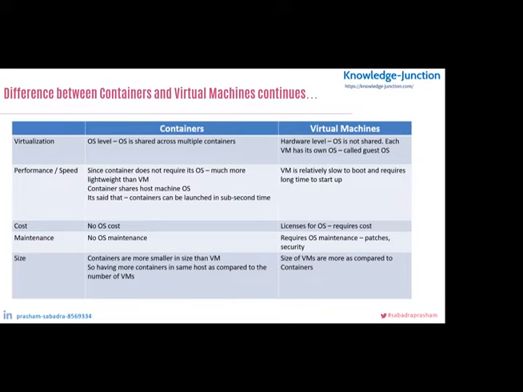Sometimes we need to go for virtual machines as well, but it varies from application to application. So the first step is to identify which platform my application fits into: whether a physical server or virtual machine is okay for me, or I need to migrate this application to containerized or Dockerized images.